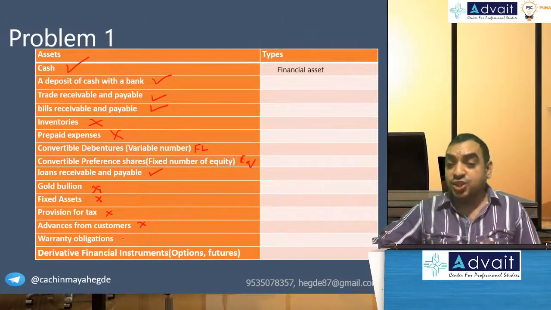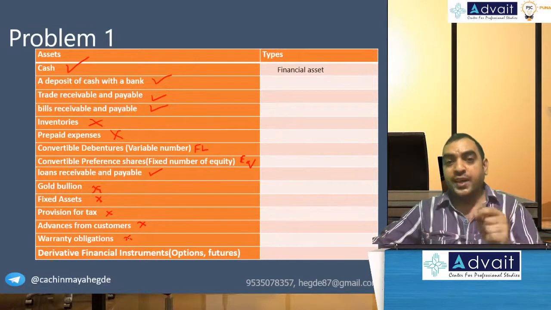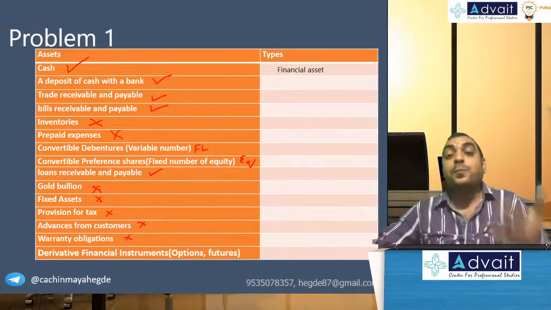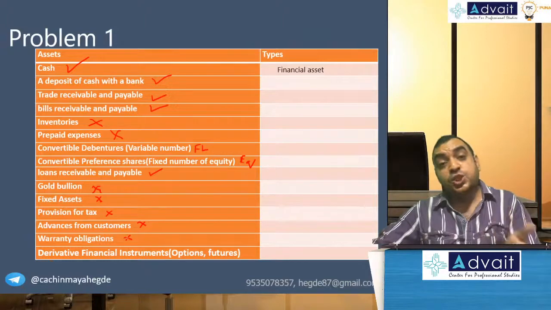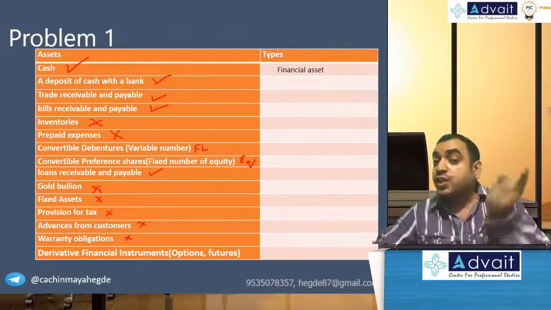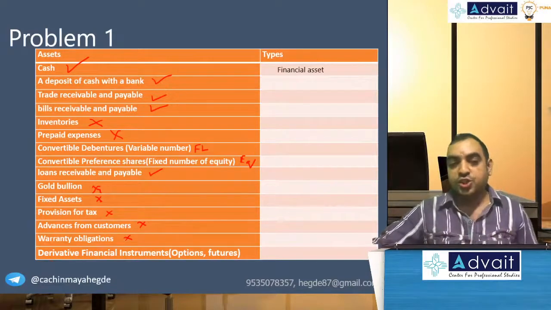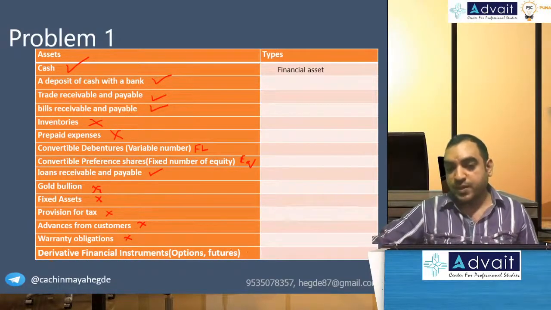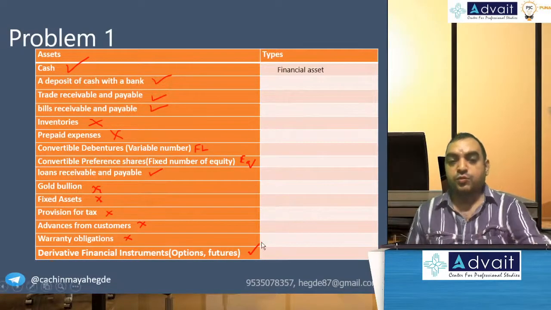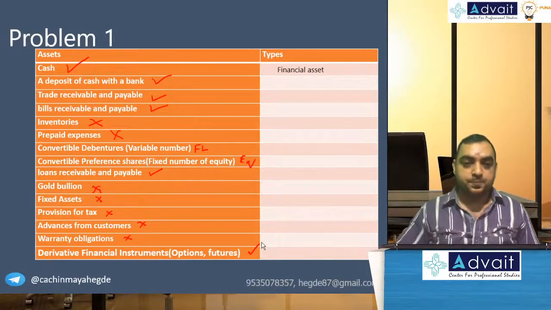Warranty obligation, in general it is not, because you have an obligation to replace or repair the goods. But if a situation comes where you have to pay them cash, at that point in time it becomes a financial instrument, but not in general. Derivatives, financial instruments, yes, that is also a financial instrument.